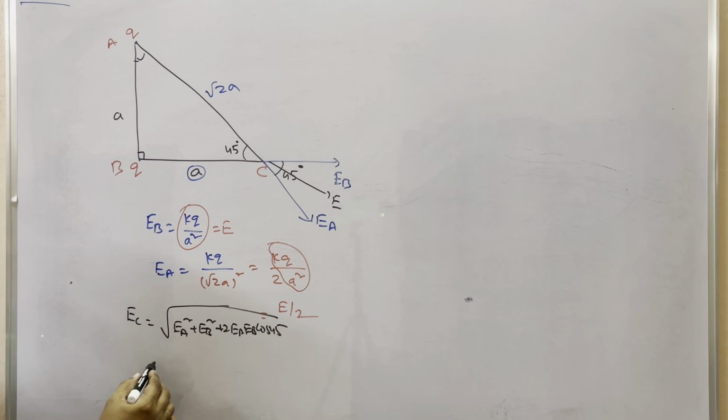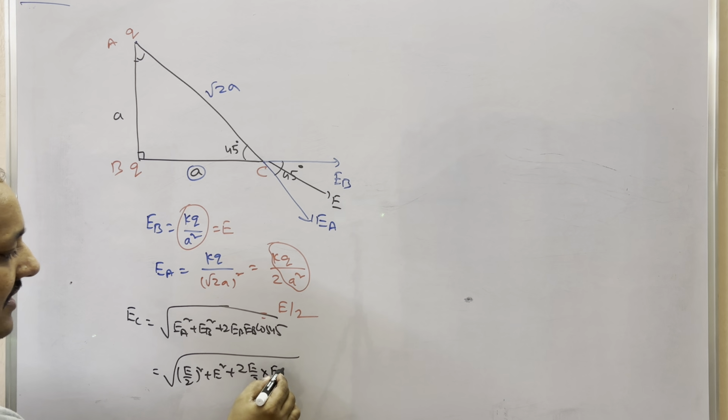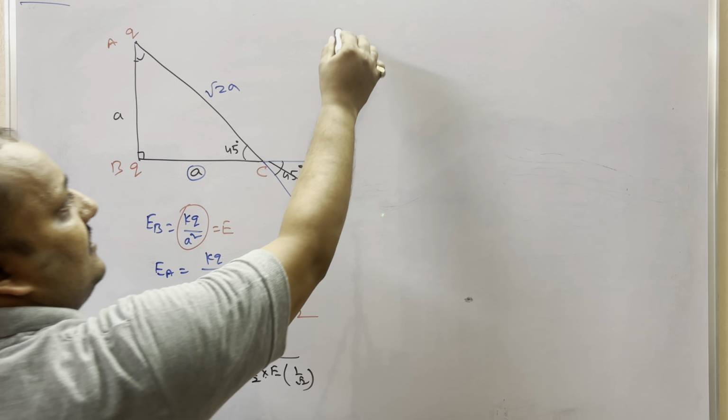So EA is E by 2, whole square, plus E square, plus 2 into E by 2 into E. What is cos 45? 1 by root 2. So you have to calculate this.